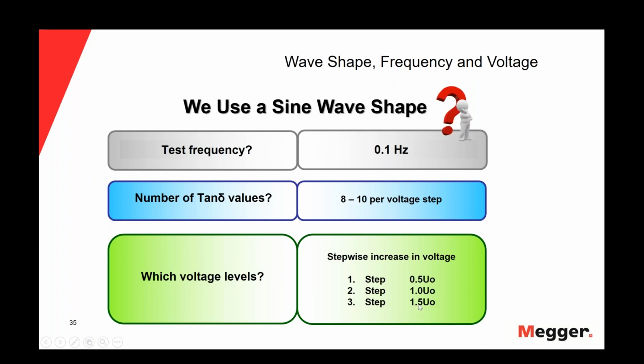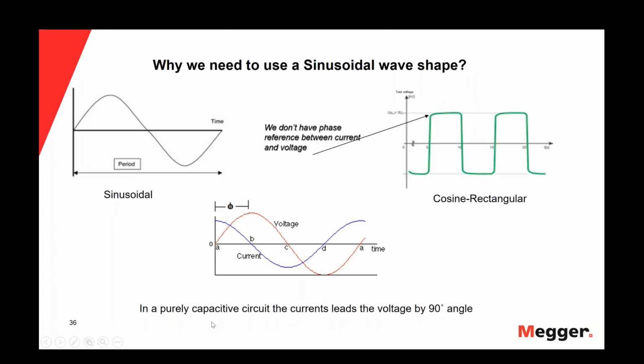So why do we need to use a sine wave shape for the tan delta? Well, the reason is that, for instance, in a purely capacitive circuit, the current leads the voltage by a 90 degree angle, and remember that we need the reference of the shift angle between the voltage and the current, as we saw in the previous slides.